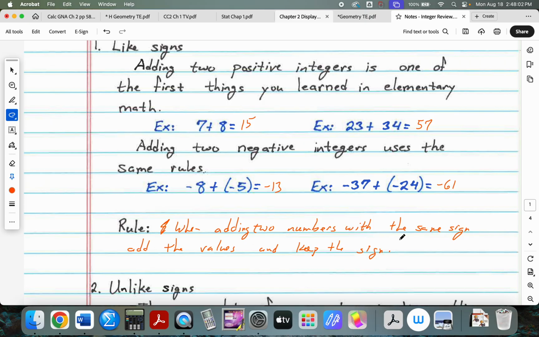That was some good distance there. All right. Because when you're adding these two numbers together with the same sign, they're working with each other, right? They want your answer to go the same way.